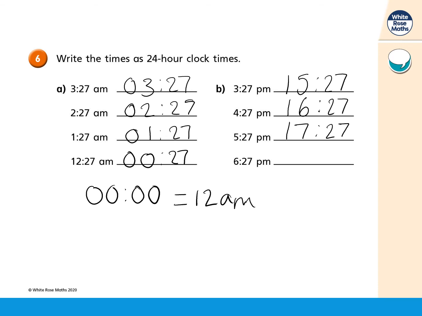And 6 add 12 is 18. So 18:27. What do you notice about A and B? I've noticed that A is going down in time, whereas B is going forwards in time.